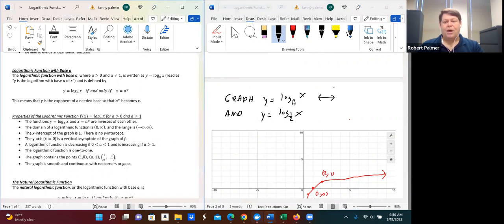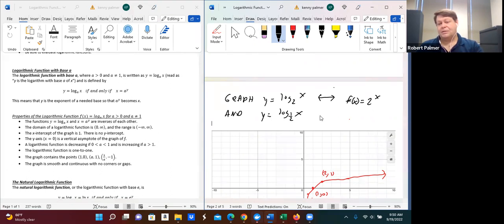If y is log base 2 of x, then what that also means is that this gives the same information as f of x is equal to 2 to the x.